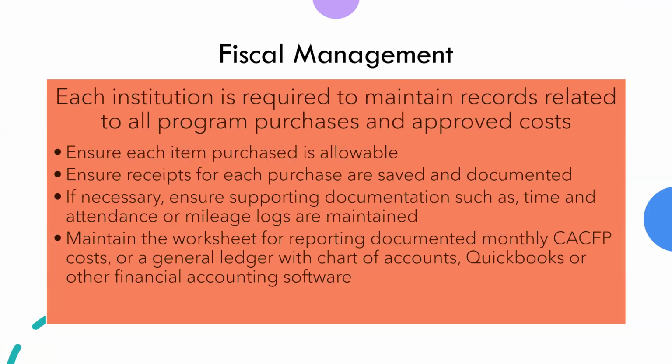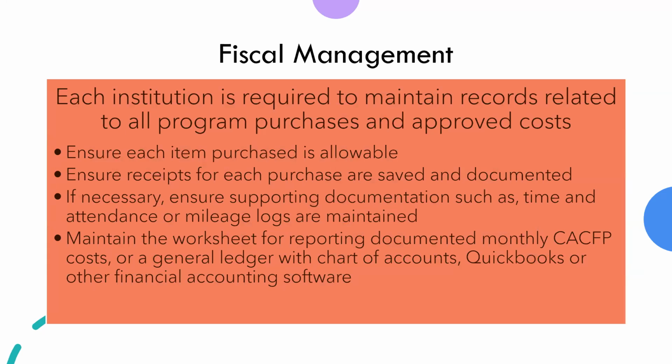So each institution is required to maintain records related to all program purchases and approved costs. This includes ensuring that each item purchased is allowable, and ensuring receipts for each purchase are saved, documented, and easily readable with account codes or a bank code number, whatever you're going to use.